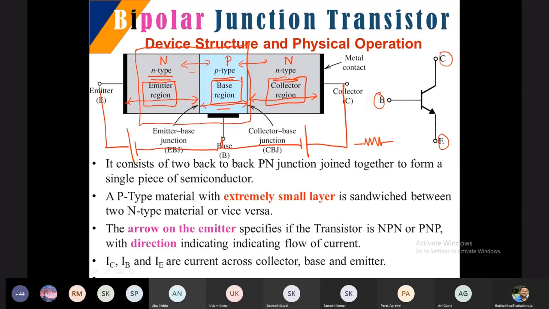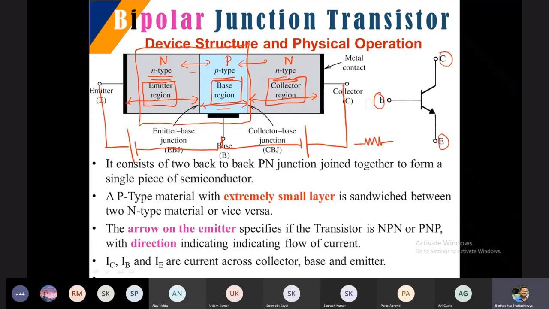Now let's see, what does the name suggest? Already I told you why this is called NPN, because in the emitter as well as the collector, now we are going to use these terms emitter and collector, so be very careful in recognizing these terms, we have N type semiconductors.